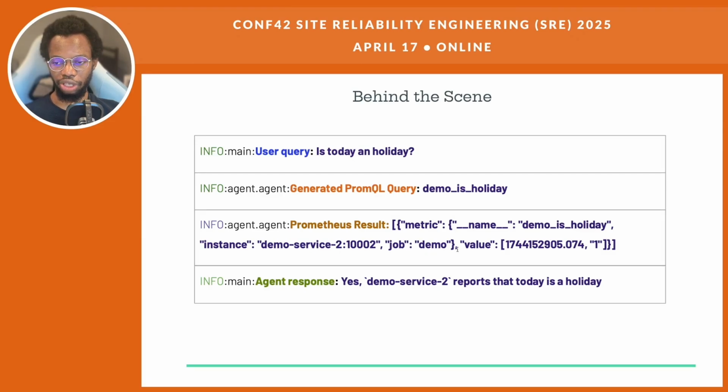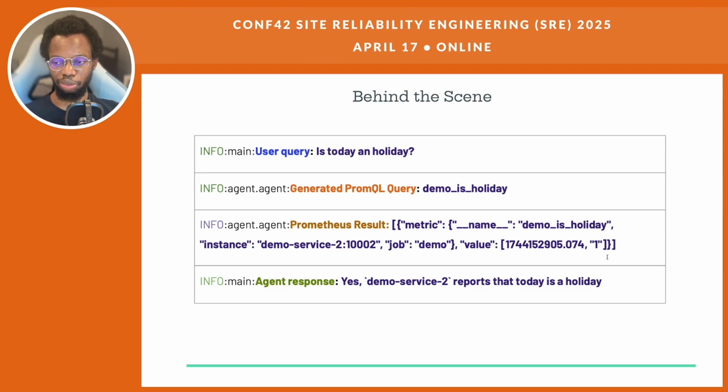But the most important thing to pay attention to is the value here. You see the value here is 1. Because this value is 1, based on the helper information that we're able to get from the metadata, we know that 1 means holiday. So you can see in this example, the AI agent is able to both write the right corresponding query based on the metadata, and also, based on the helper information provided in the metadata, interpret that 1 means that today is a holiday.